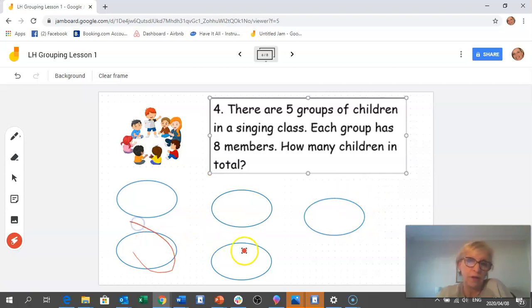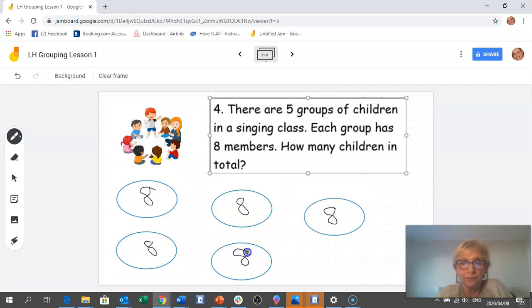So there I have got 5 groups, and I'm going to put 8 children in each group, and then we're going to see how many that adds up to in total. Right, so this group has got 8 children. This has got 8. The third group has got 8. There they're all sitting in their classrooms on the floor in their groups. And if we add them all up, how many in total? How many children in this particular class?